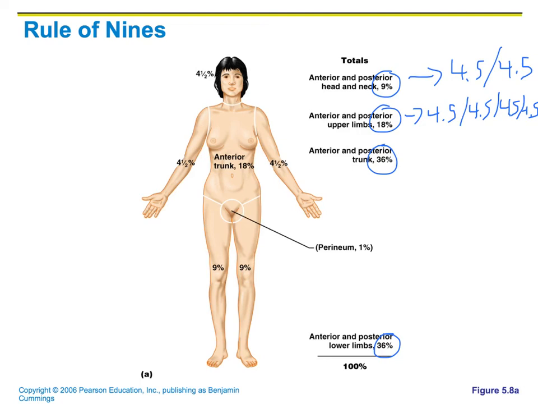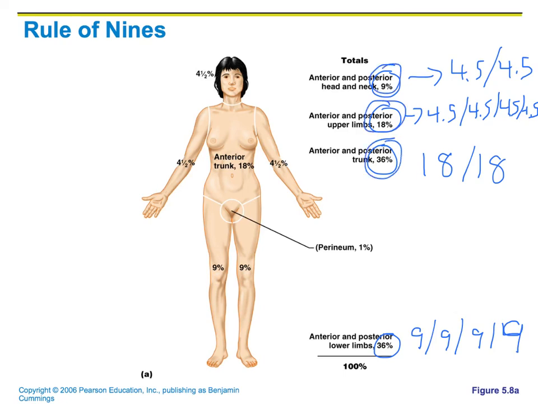The torso or trunk could be divided in halves, which would be 18 and 18. And the legs, again, this could be cut into quarters, depending if you're given one side of one leg burned. But again, I would start with just memorizing these 9, 18, 36, and 36. That's it. Good luck.